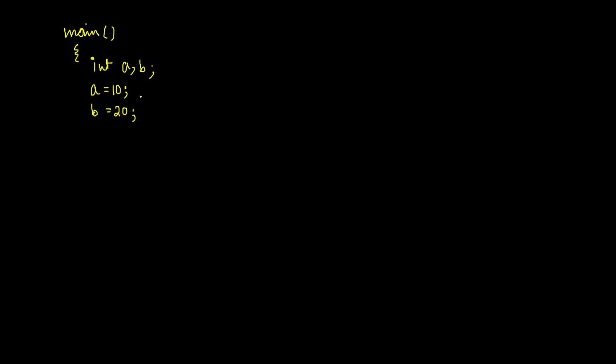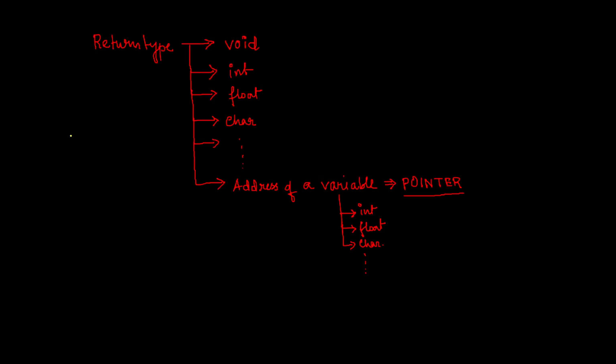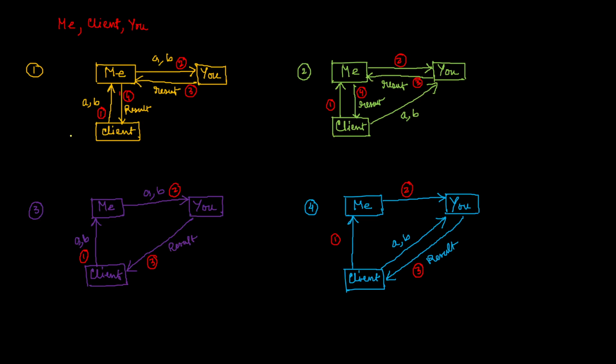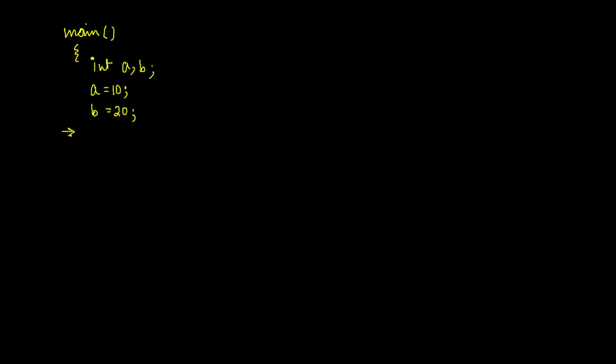Or instead of writing a equal to 10, b equal to 20, you can easily write a scanf statement for scanning data in a and b. I hope you can easily understand this. After this, I must have something over here to call the function for the addition. Now how can we do this?